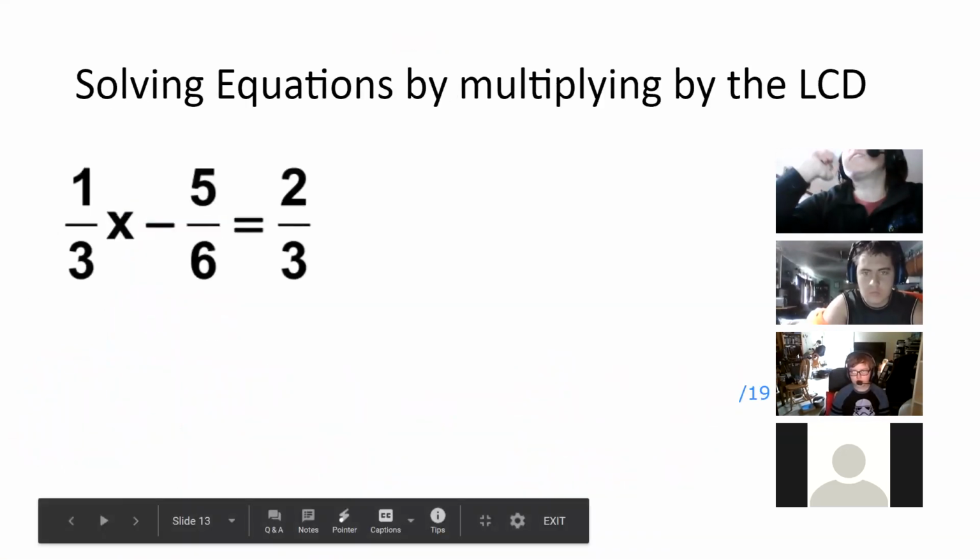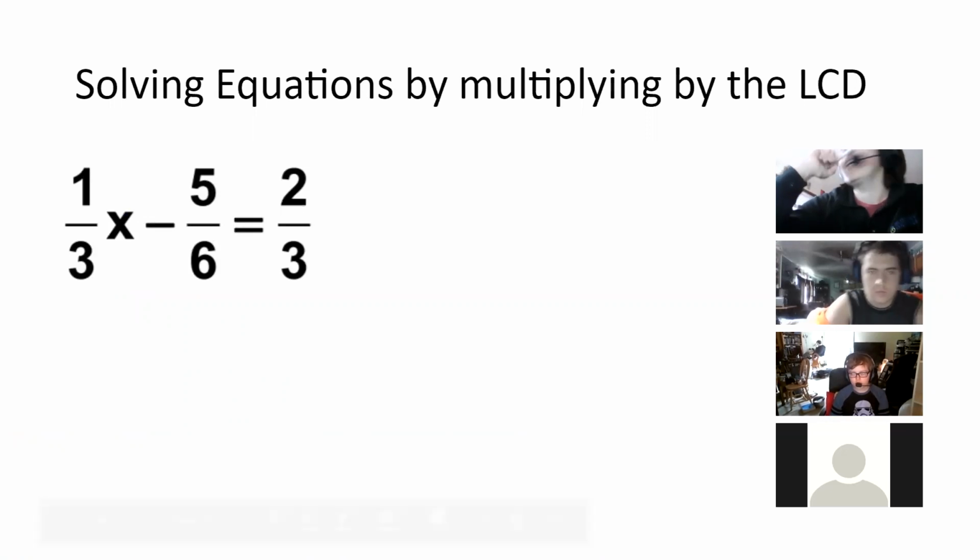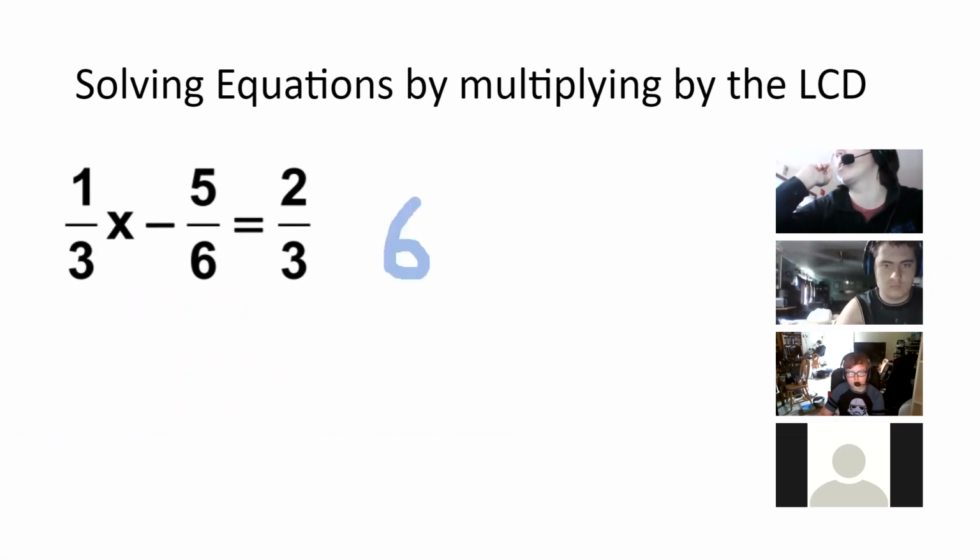Okay, last thing I want to show you guys is how to multiply by the lowest common denominator. So if you look at all these fractions, what would be a common denominator between those? 3 and 6. What's a common denominator? Yeah, 6.